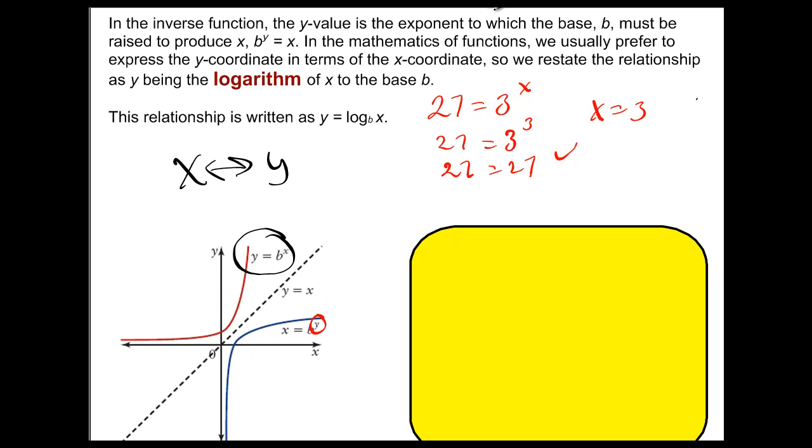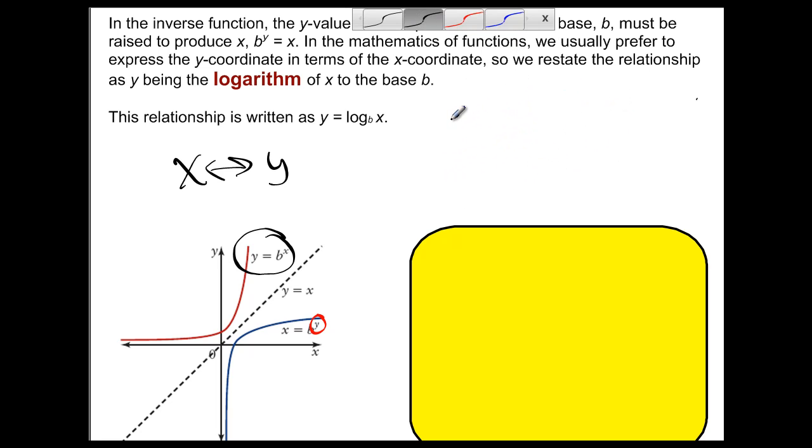The difficulty is when you began to solve for questions that didn't work out to nice numbers. By that I mean, instead of 27, what if it was 26 is equal to 3 to the power x? In this case, there is no whole number that we can plug in for x. But what we would have done in grade 11 is some trial and error.